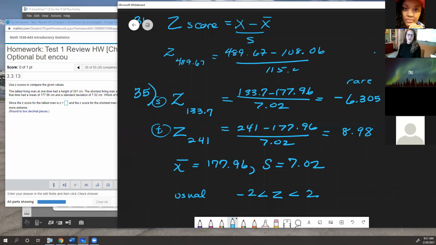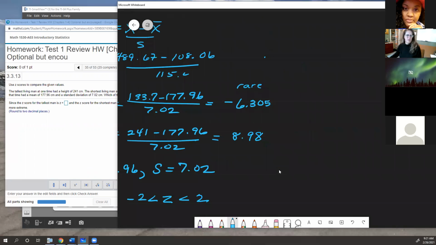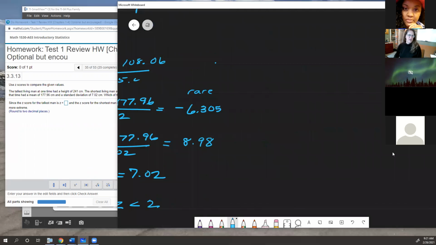So, yeah, the tallest man. Very good, because this is how we say this: the shortest man is 6.3 standard deviations below the mean, right?